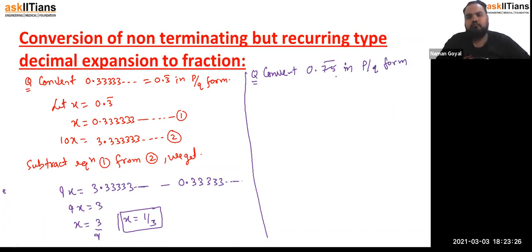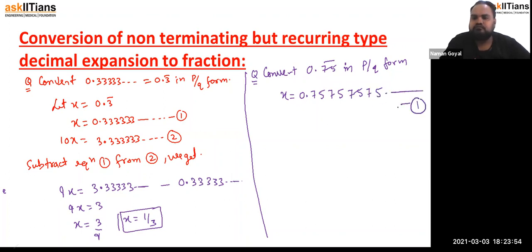Now again, bar is on two terms. Then we have to multiply this quantity by 100. Are you getting my point? So first we are taking this quantity as x. Okay. So it will be 0.75, 75, 75, 75 and so on, right? This is equation first.